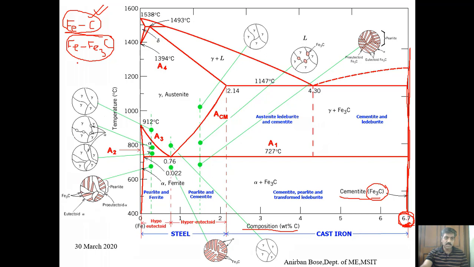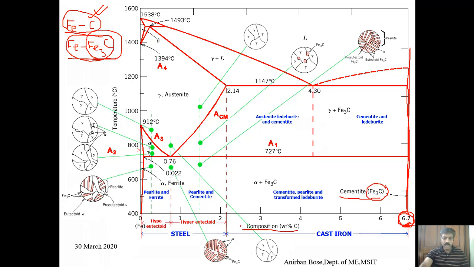So truly speaking, this diagram is only a portion of the iron carbon diagram, called the iron carbide diagram. This one is nothing but the iron carbide, or cementite. That is why this is the iron carbide diagram.